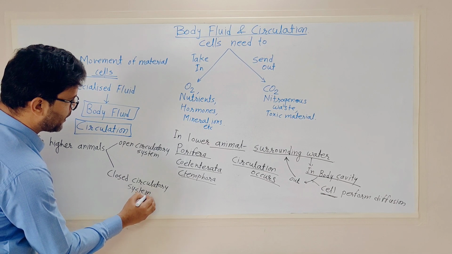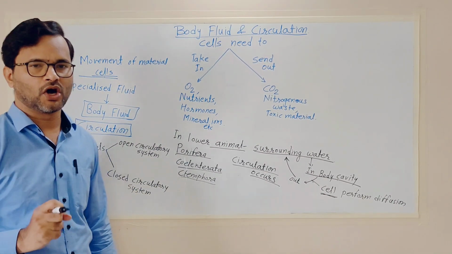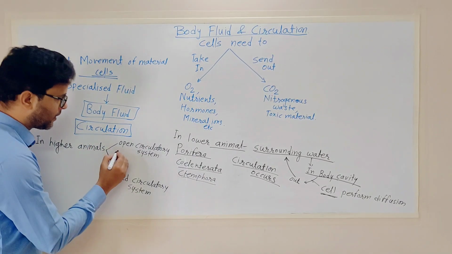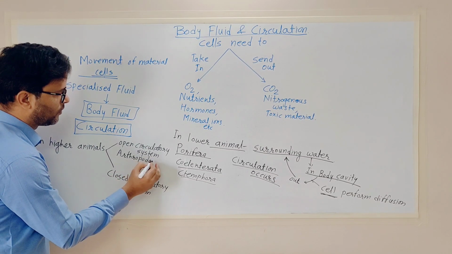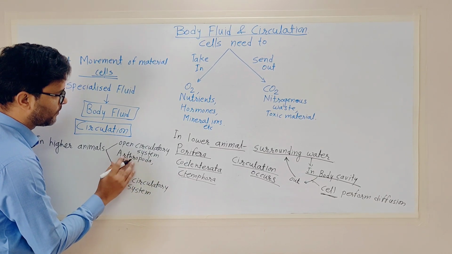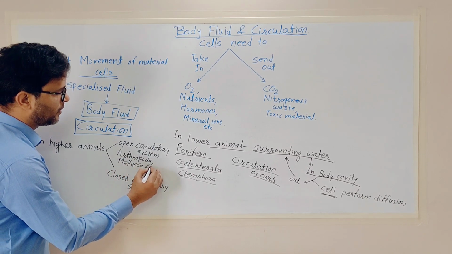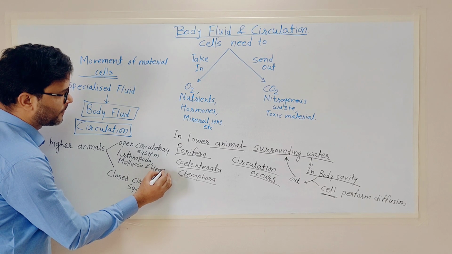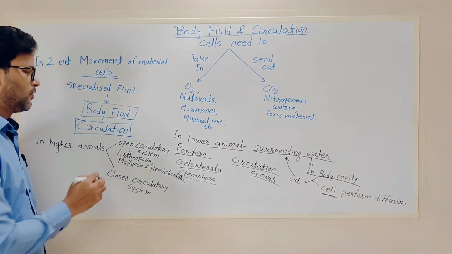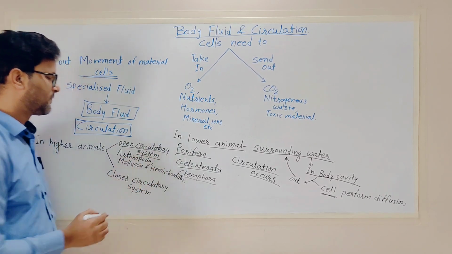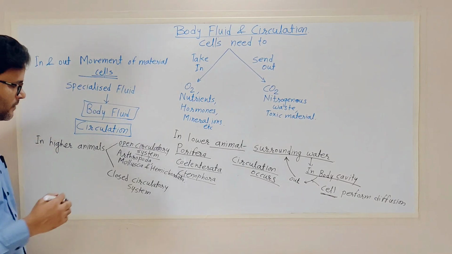The open type of circulatory system is mainly found in Arthropoda, Mollusca and Hemichordata.